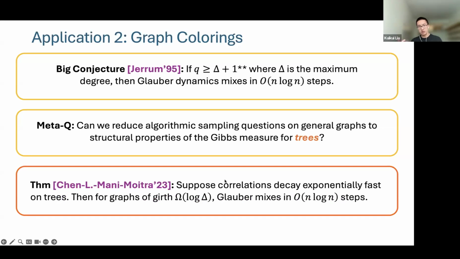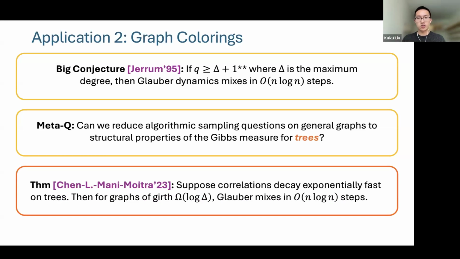And so the broader, more general theorem that we were able to prove is the following. Suppose correlations decay exponentially fast in the special case of trees. Then for graphs of sufficiently large constant girth, at least say log of delta, Glauber dynamics mixes in n log n steps.